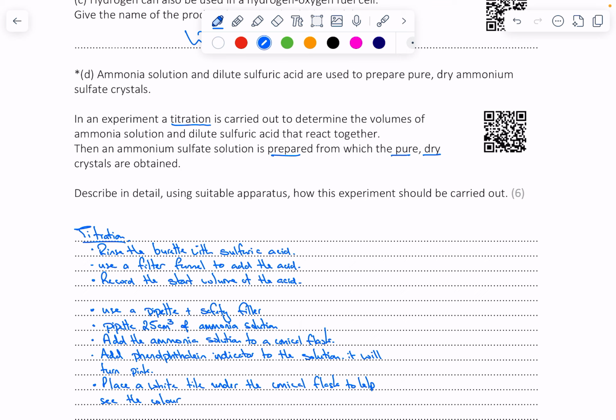So there's a couple of different stages here. I'm going to deal with the titration first. Then we're going to deal with how to make it pure, which is within the titration a little bit, but we'll show that differently. And then to dry it is the final stage.